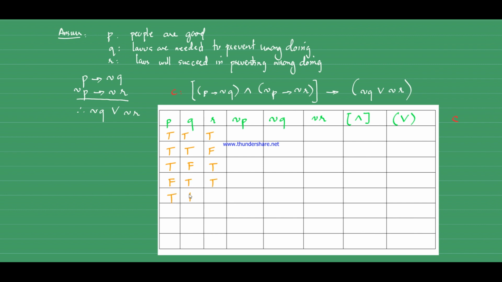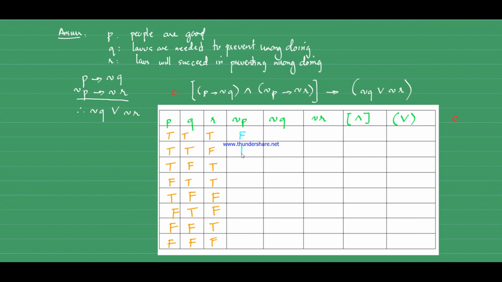Then 2, 4, 4. 4, 2, 4. Then 4, 4, 2. Then 4, 4, 4. Then negated P, 4, 4, 4. Let's use a different color.